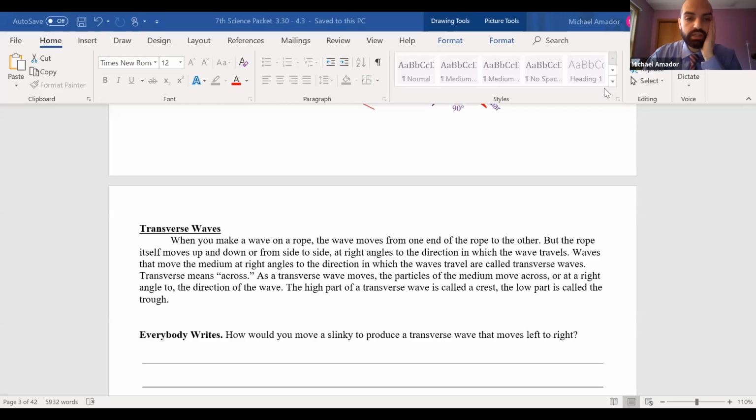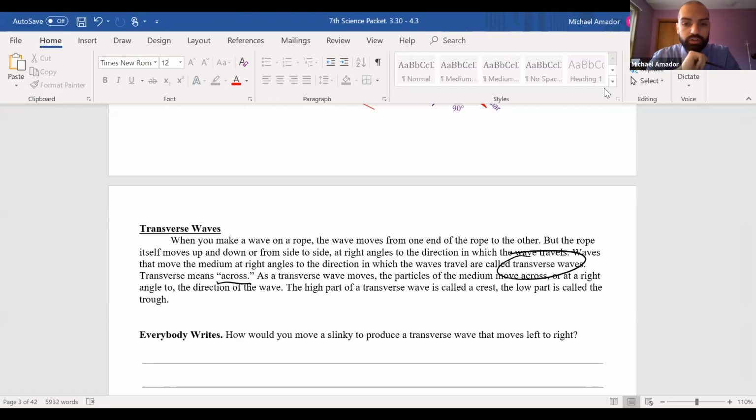Waves that move the medium at right angles to the direction in which the wave travels are called transverse waves. This is important here. That's key. This is our vocab word. Transverse means across. As a transverse wave moves, the particles of the medium move across or at a right angle to the direction of the wave.